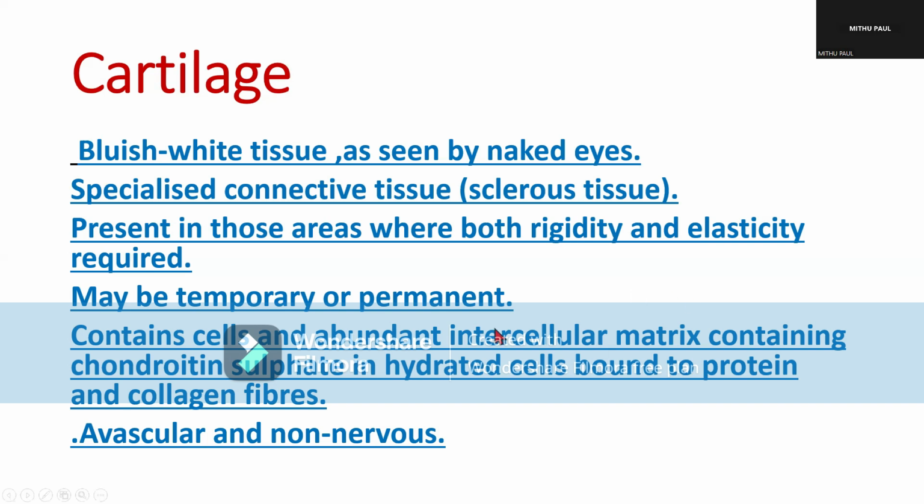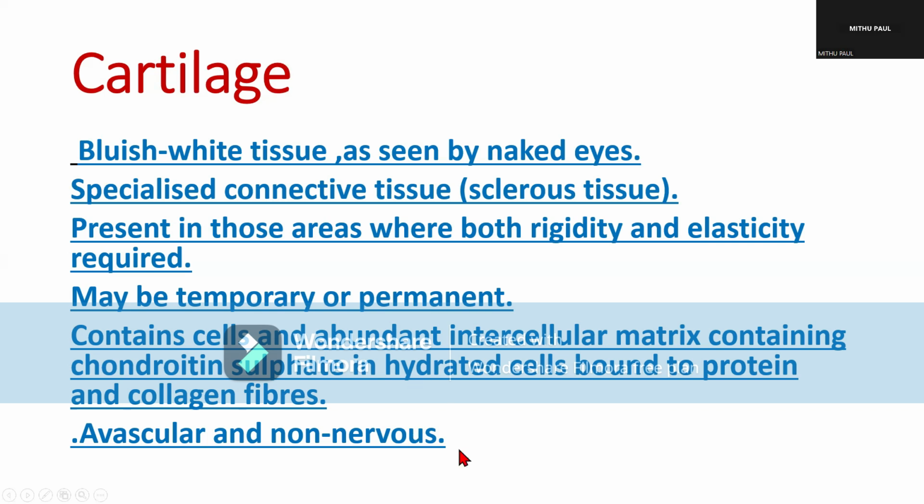In fact, the intercellular matrix is secreted by the cartilage cells itself. There is a substance known as chondroitin sulfate, which in hydrated gel form is bound to the protein and the collagen fibers. So three main ingredients form any sort of cartilage. That is cartilage cells. Second, intercellular substances. And third is different sorts of fibers.